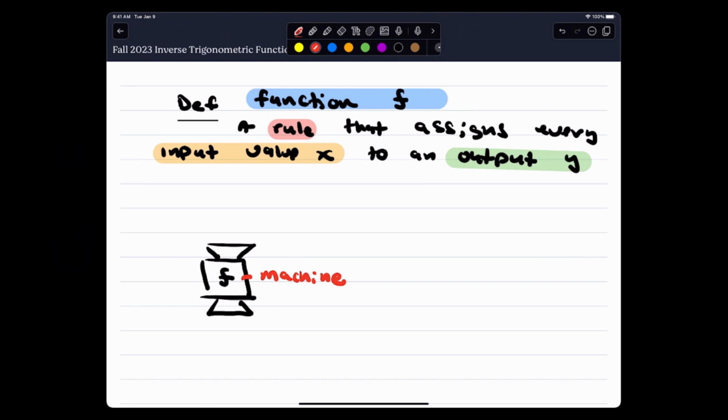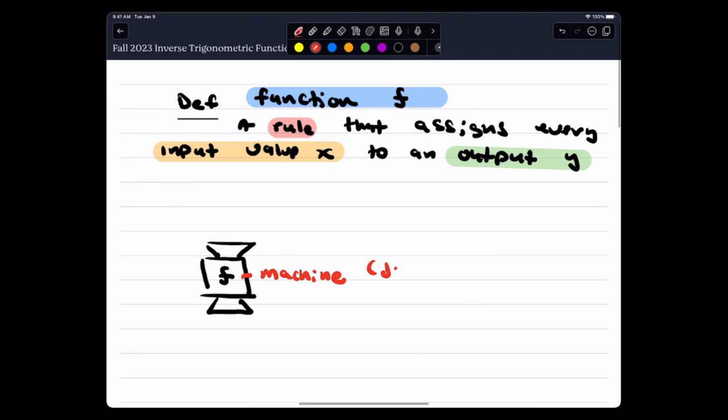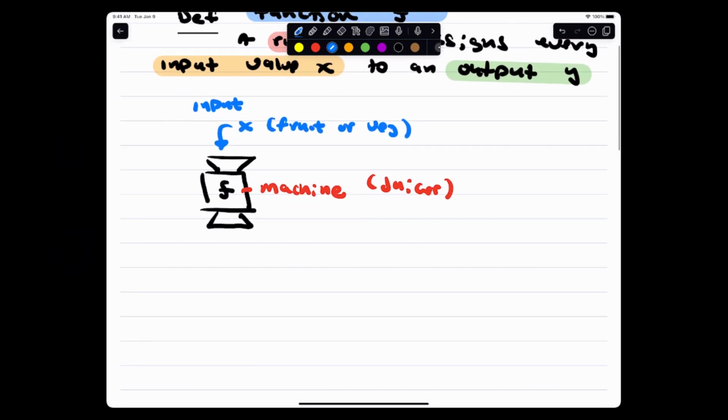Yeah, you guys are right. I used the juicer example. Outstanding. Good for you guys. And so x is a fruit or vegetable. This is the input. You drop that fruit or vegetable in the machine, and obviously if it's a juicer, you're going to get, for example, I always start with the apple, right?